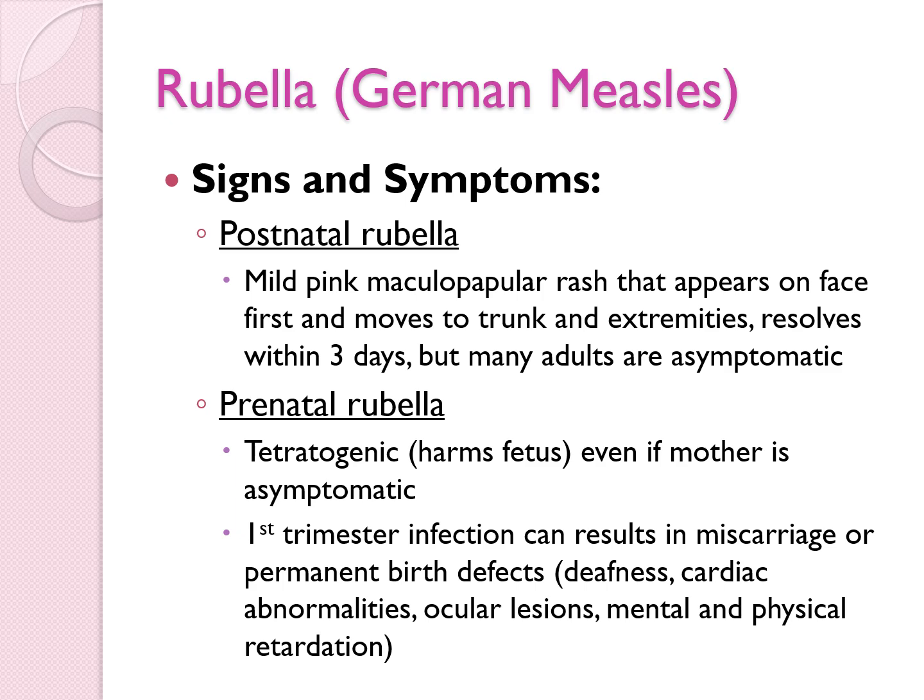So if the transmission is transplacental, meaning that a pregnant mother passes it to her unborn fetus, so a prenatal rubella transmission, what we can see is a teratogenic effect, meaning that it will harm the fetus. Even if mom's fine or her symptoms are really mild, the fetus will be harmed.